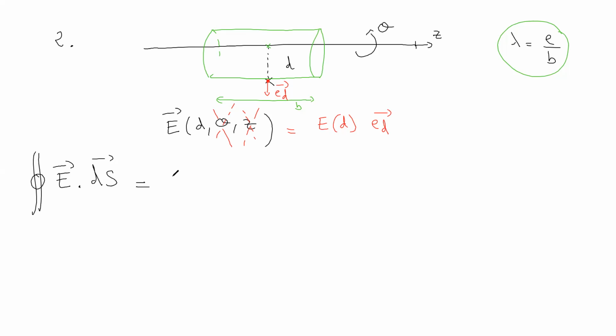So basically, this will be E of d. Then the surface of the outer cylinder is 2 pi b times d. And from the Gauss theorem, this should be equal to the total charge inside divided by epsilon, the permittivity of the medium. So the total charge, since I decided to take b as the length scale horizontally, I have only one charge inside, and this should be divided by epsilon. Okay, so it allows me immediately to extract the field, which is e over 2 pi epsilon b d.